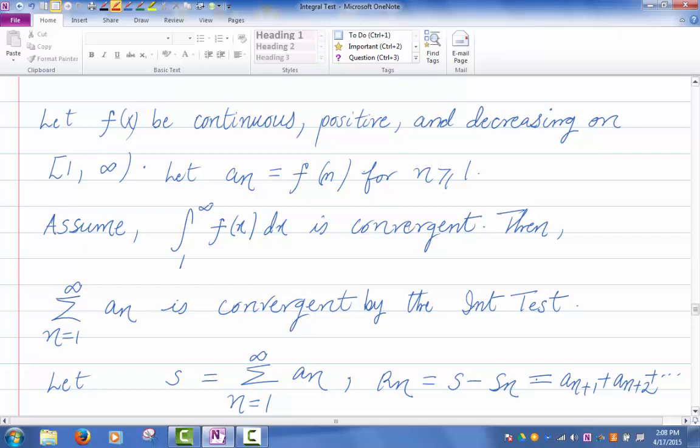Assume that the improper integral of f from 1 to infinity is convergent. Then by the integral test we know that the series n going from 1 to infinity of an, notice that is the same as the series n going from 1 to infinity of f of n, is convergent by the integral test.